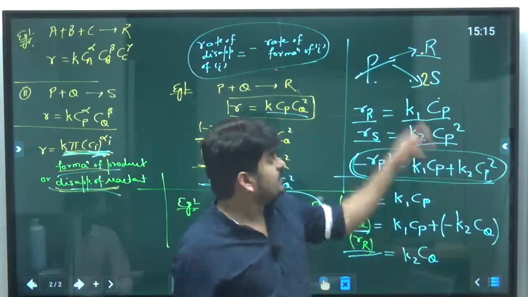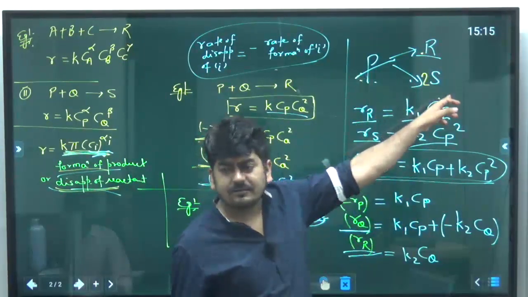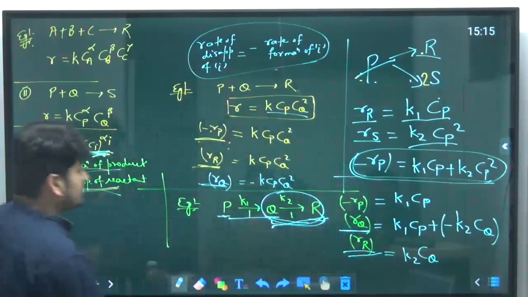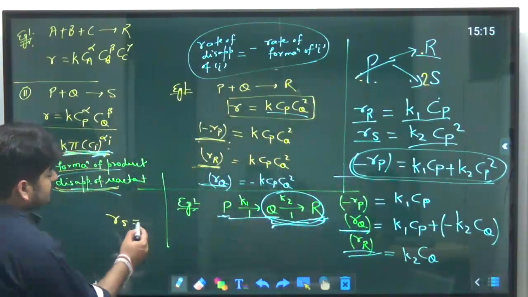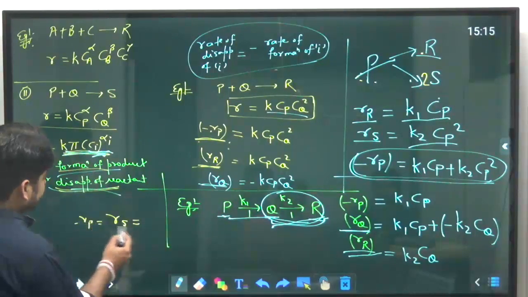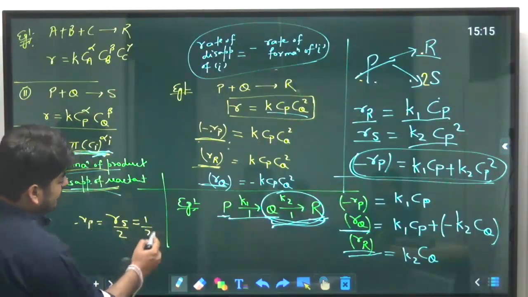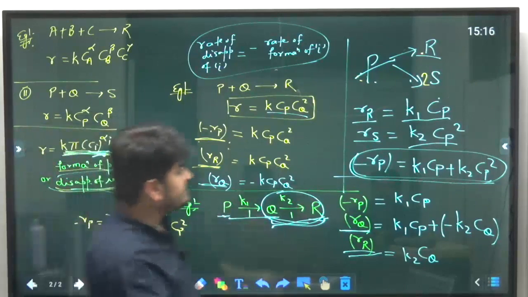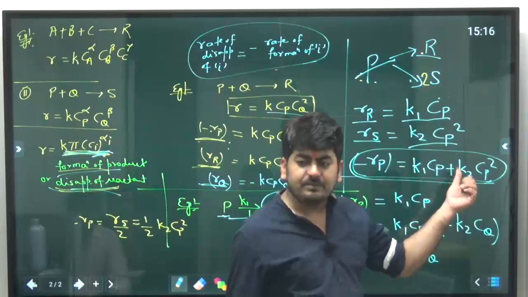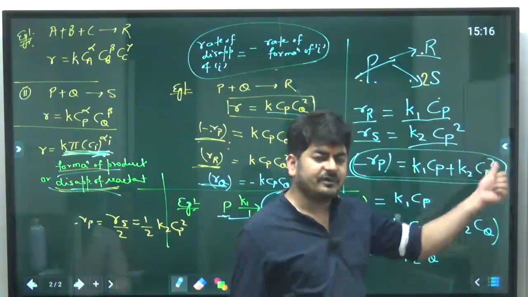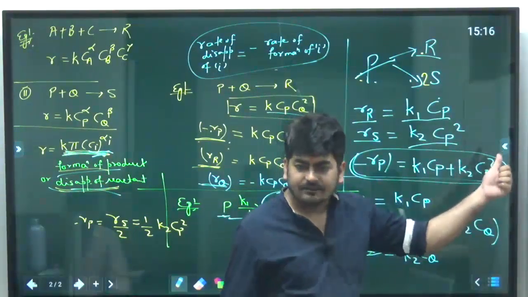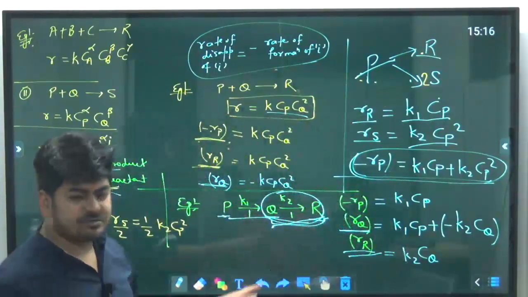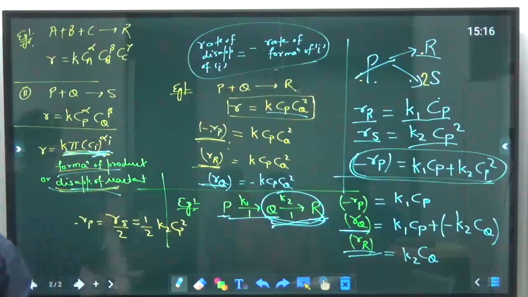For the second step, minus Rp is equal to Rs upon 2. And what is Rs? Rs is K2Cp square. So in that case, minus Rp will be K1Cp plus 1 by 2 times of K2Cp square. Clear? So that's how we write the rate equation. And I hope now you can do that. Okay.